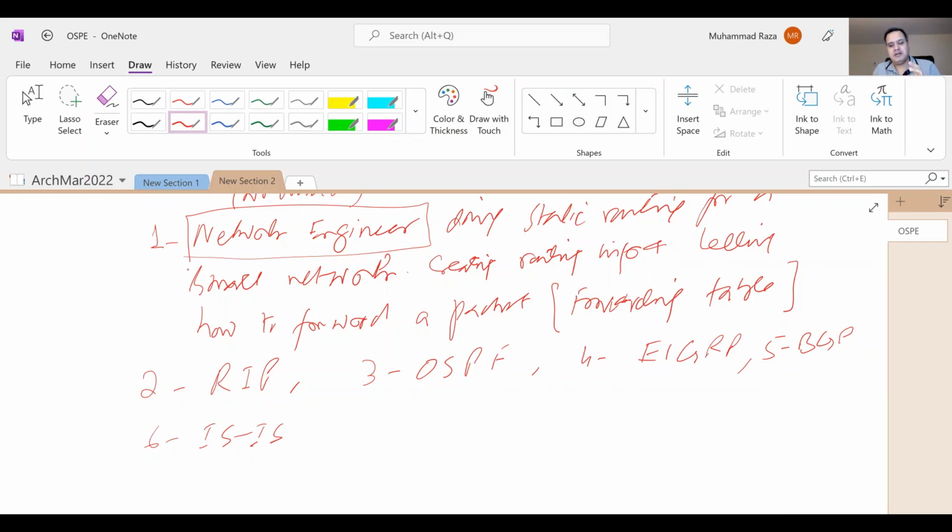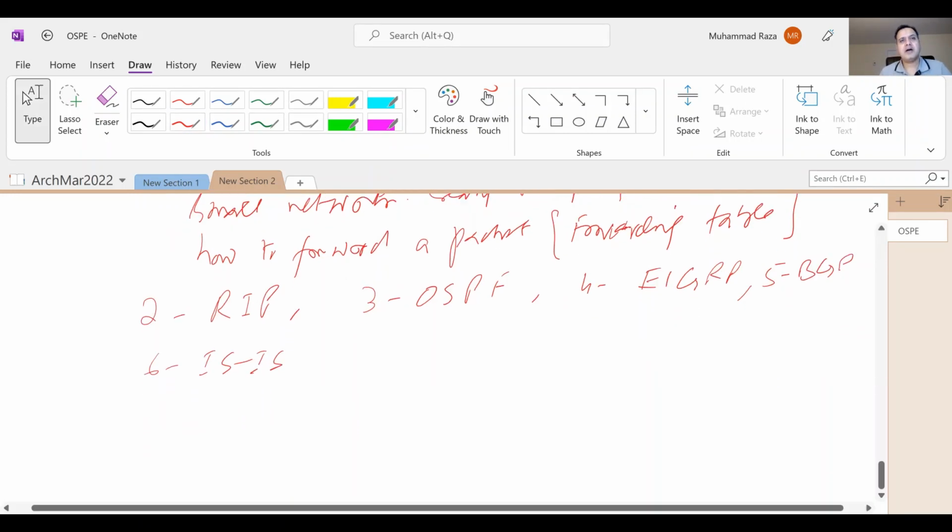If you feel where I'm trying to bring you, I want to give you an argument that a routing protocol creates and communicates the control information.